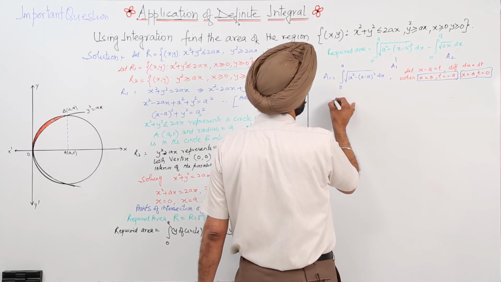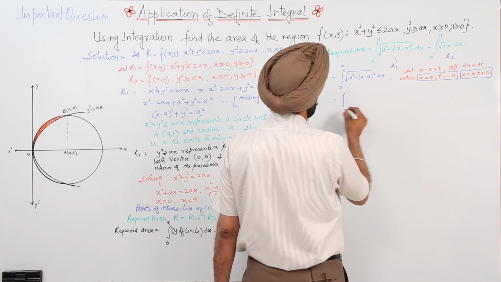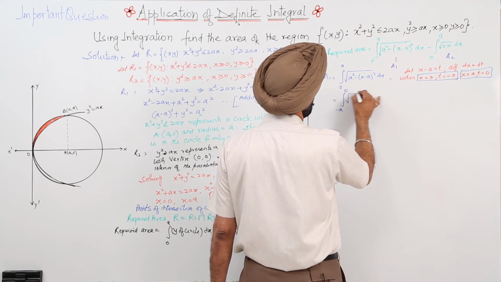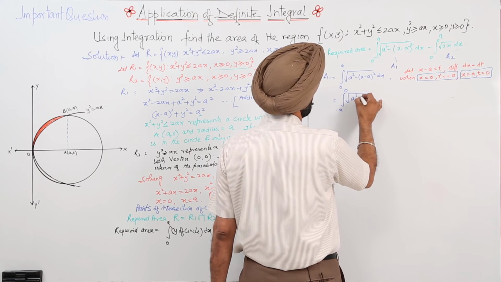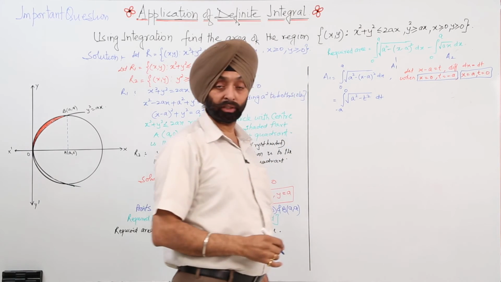So now this becomes the integral from t = −a to 0 of √(a² − t²) dt. Is it clear?